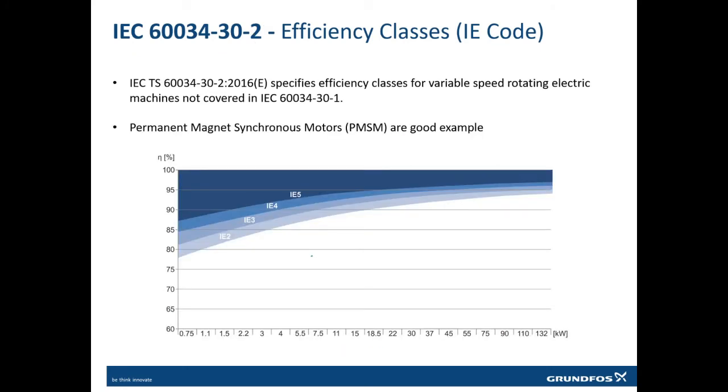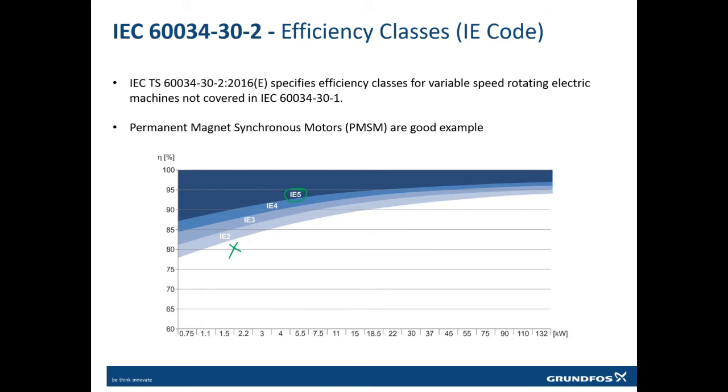Now in 2016 IEC defined IE5 also and removed IE1. That means as per IEC there will be no IE1 motor produced that complies to the IEC standard at all. You can produce it, but it will not be complying to the IEC standard.